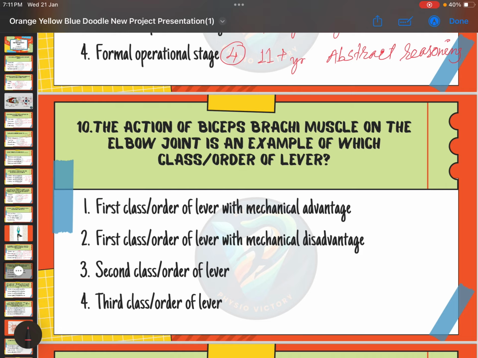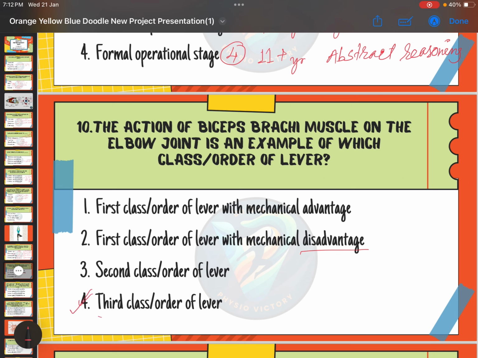Option 2, first class lever with mechanical advantage. Option 3, that is mechanical disadvantage, second class lever, or option 4, third class lever.